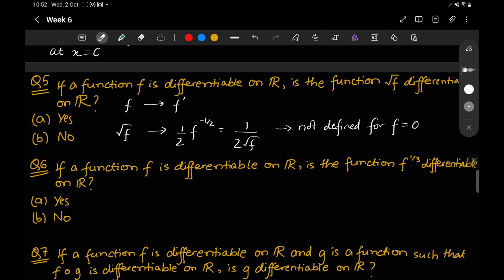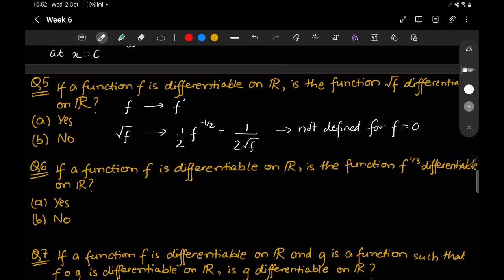Whenever f is equal to 0, the function is defined, but square root of f, the derivative of that, will not be defined. So the correct option for this is no.